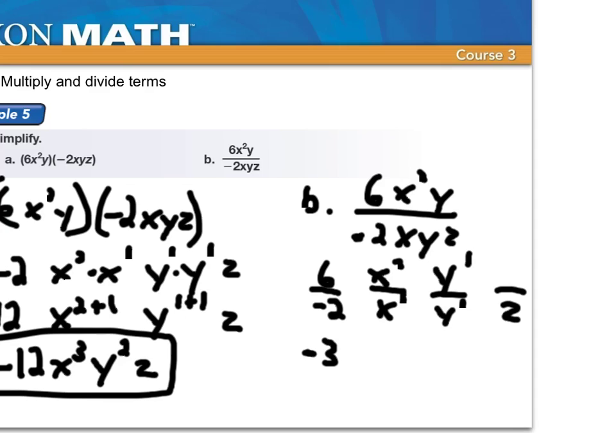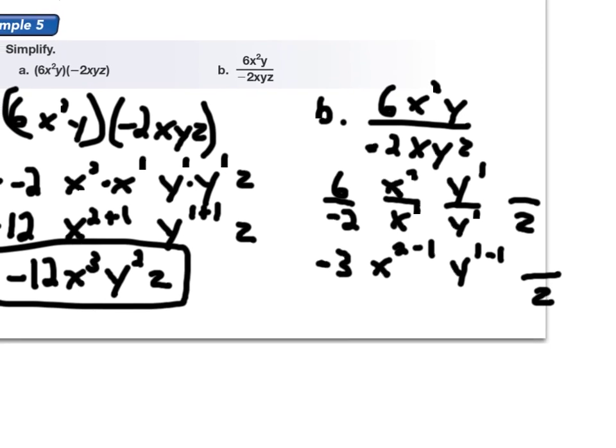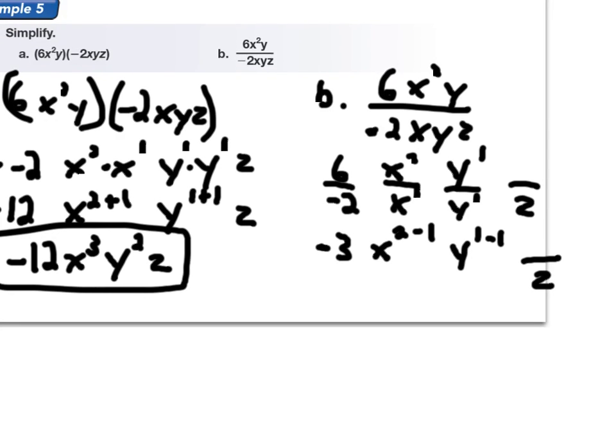Again, when I divide bases with exponents, I'm going to subtract the exponents. So that's x to the 2 minus 1. Then I'm going to have y to the 1 minus 1. And then my z is still going to go on the bottom, because that's where it started, so it's got to stay there. Well, now I've got negative 3.